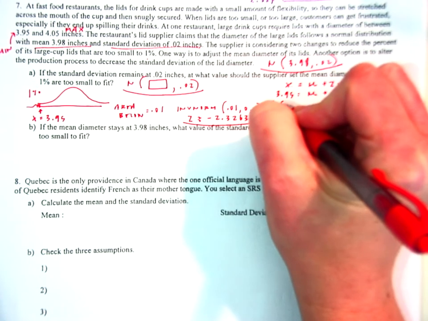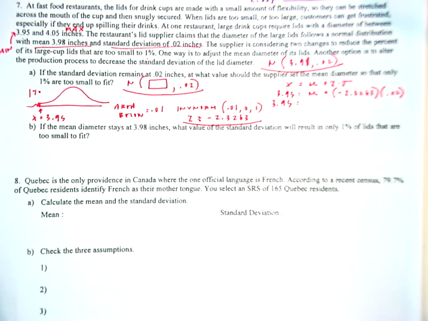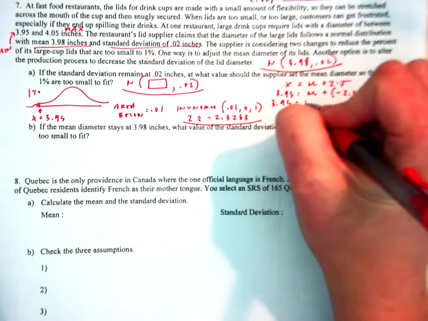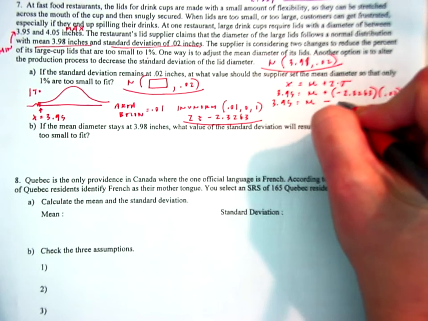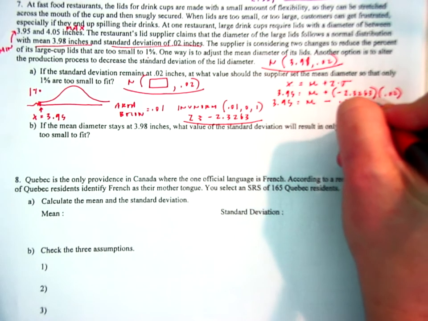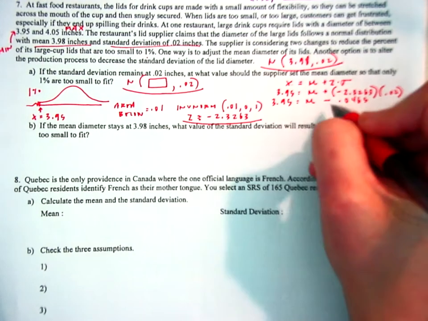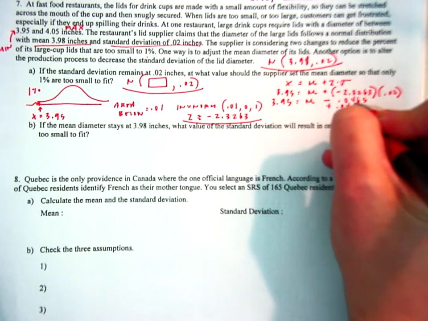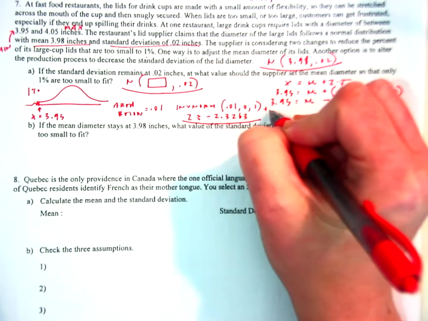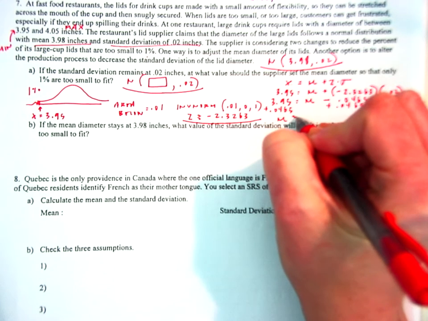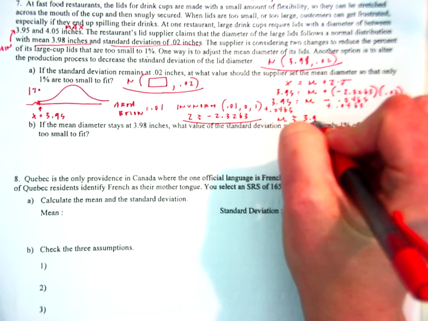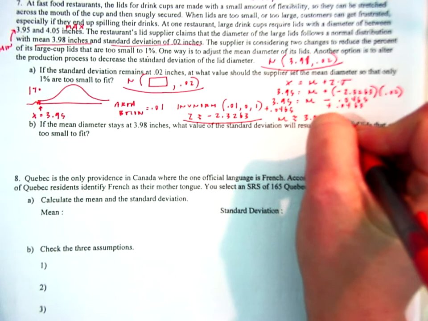So it's an algebra problem from this point on. So 3.95 equals the mean minus the product, which here is 0.0465. Add the 0.0465 to both sides, and I get a mean of about 3.9965 inches.